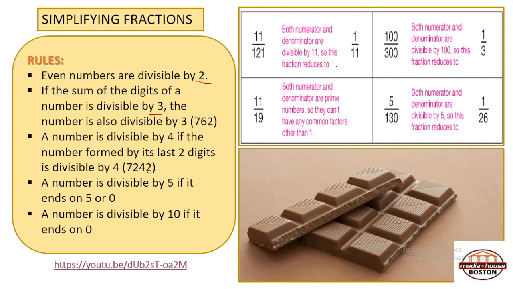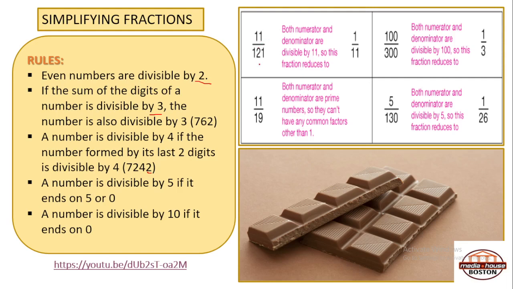So here we've got an example of a fraction that needs simplification, where we've got 11 out of 121. When we simplify, we look for a common factor between the two. 11 normally doesn't have a common factor except itself, which is 11.